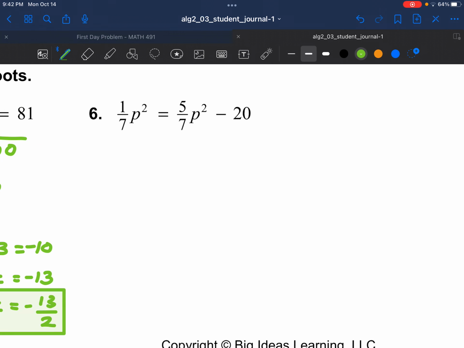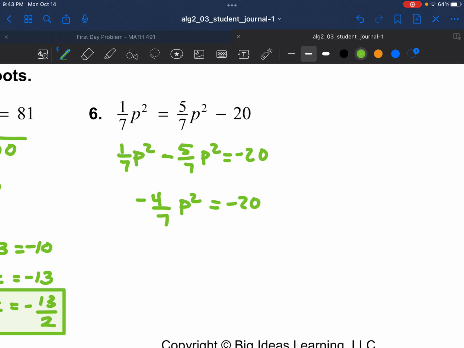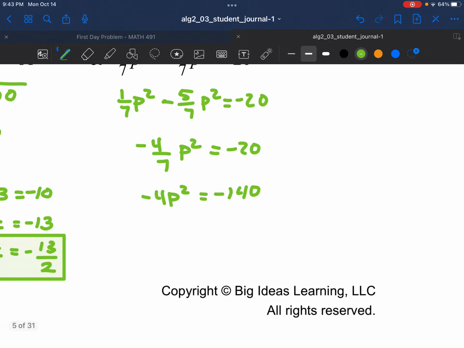All right, let's go ahead and talk about this next one. So I'm going to combine like terms. So I have 1/7 p squared minus 5/7 p squared equals negative 20. 1 minus 5 is negative 4/7 p squared equals negative 20. I'm going to multiply by 7. So it's negative 4 p squared equals negative 140. And now we're going to do 140 divided by 4.